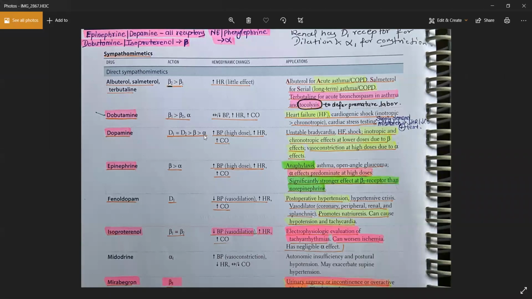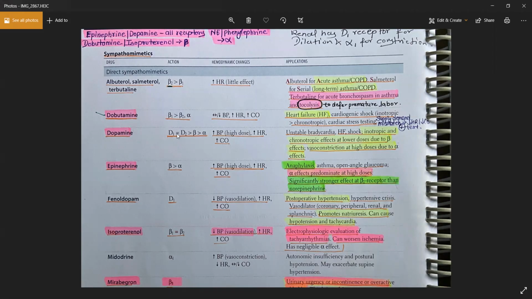It will stimulate the dopamine receptors more than the beta or alpha receptors. At a moderate dose, dopamine has beta receptor stimulation more than the dopamine or alpha receptors. And at a very high dose, dopamine has a predominant alpha effect over the beta or D effect.